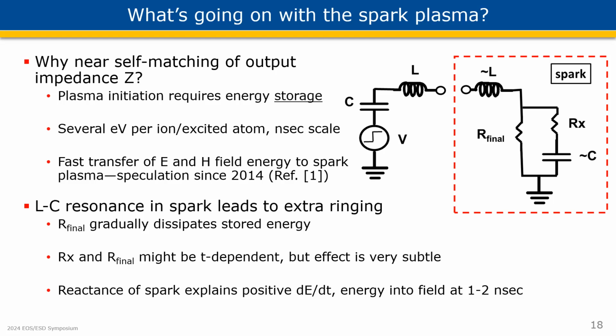And in terms of time-dependent resistance, those resistors might be time-dependent, but if so, the effect is very subtle because we get a very good R-squared type fit to the waveform without invoking time-dependent resistance at all. So, I have to leave it at that because our goal here was to fit waveforms as well as we can and then make a case for a physical model. This is about the limit of it. And as stated before, the reactance in the spark explains why we can have a return of energy to the field after 1 or 2 nanoseconds.